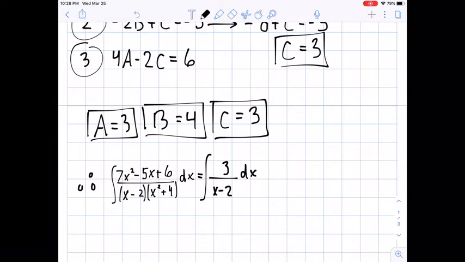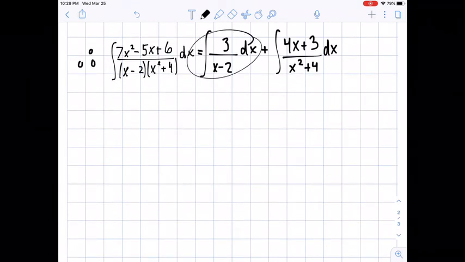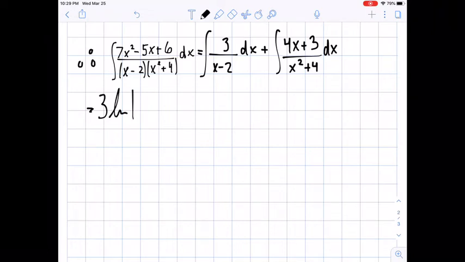And we have bx plus c in the second integral, so that's going to be 4x plus 3 divided by x squared plus 4. And now the first integral, this one right here, that one's going to be pretty straightforward. We know that's just going to give us a logarithm. So we end up here with 3 multiplied by ln absolute value x minus 2.